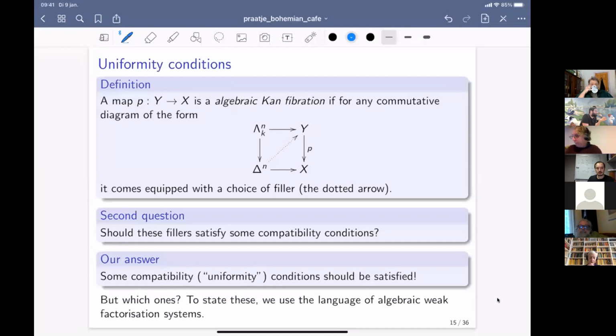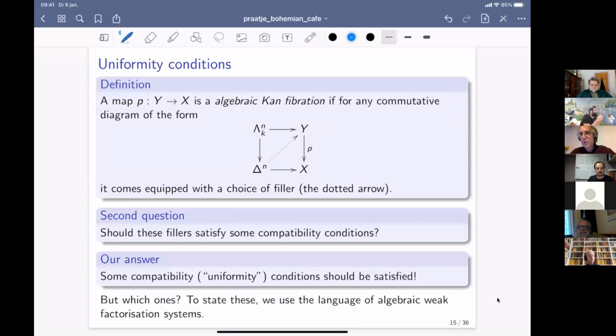In our paper we give several different definitions of what these effective cofibrations that we're interested in could be. And a large part of the paper is basically showing that the different definitions that we have are actually equivalent.